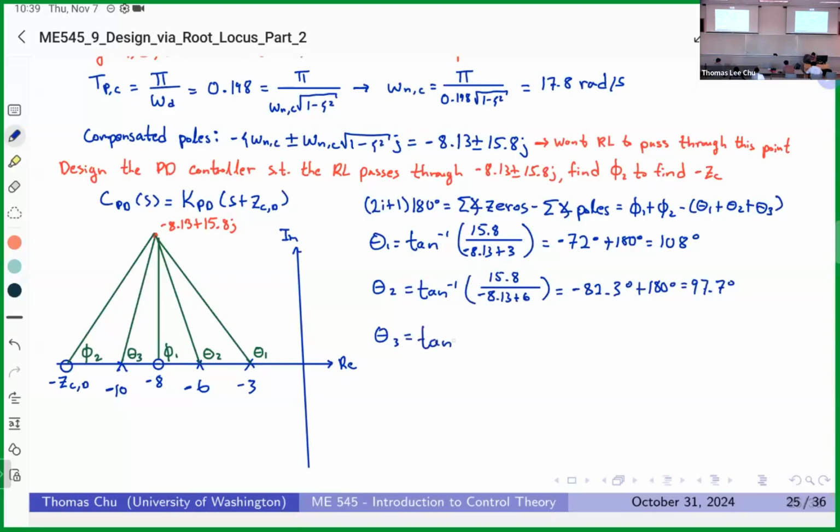For theta 3, we get arctan of 15.8 divided by -8.13 plus 10, and we get a positive angle of 83.3 degrees. And for phi 1, we get arctan of 15.8 divided by -8.13 plus 8, and we get 90.5 degrees.